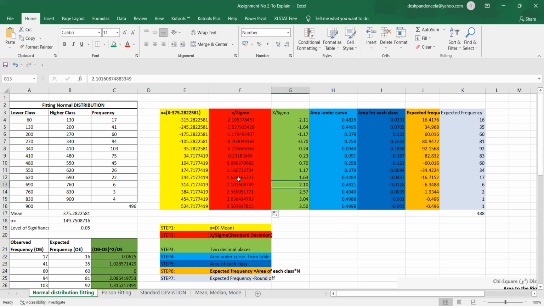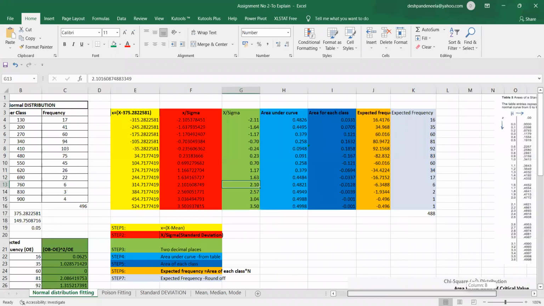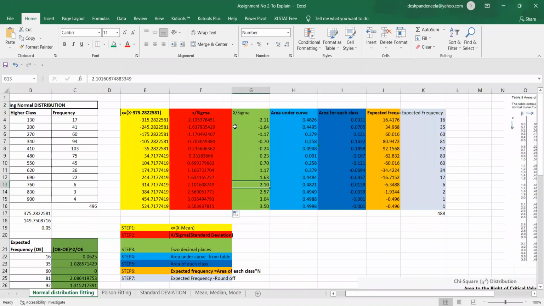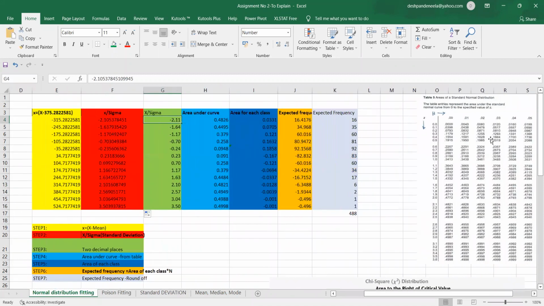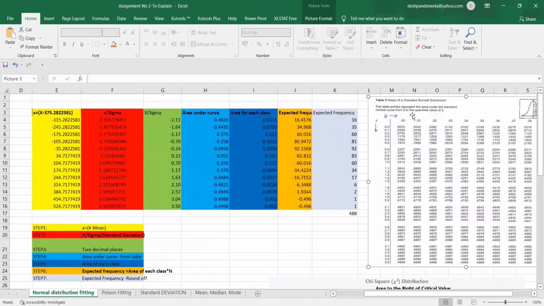So you will get this answer. Now, in the third part, if you see in this particular column, you have more than 2 decimal places. I have condensed this to 2 decimal places because I need to find out the area through this particular table, the areas of the standard normal distribution table, and so 2 decimal places are required.